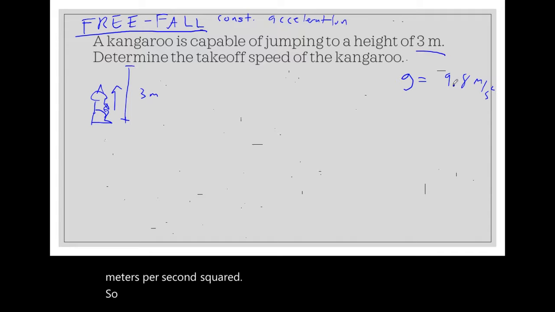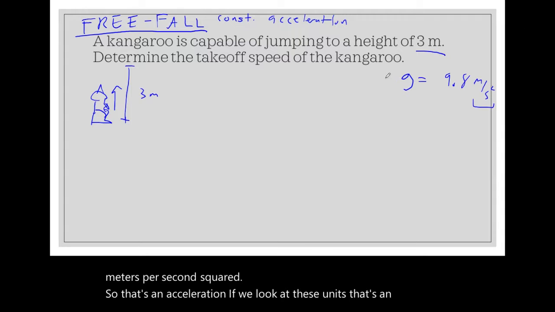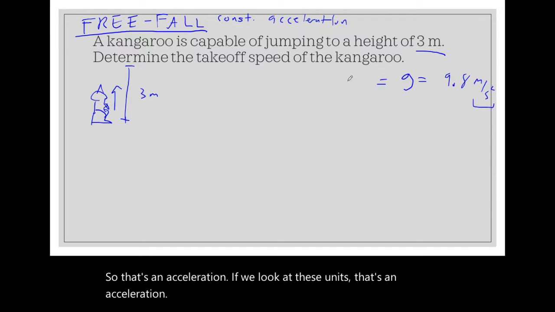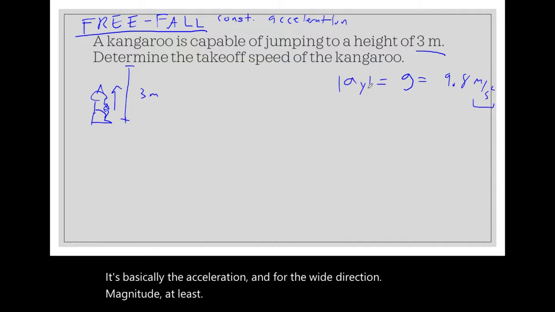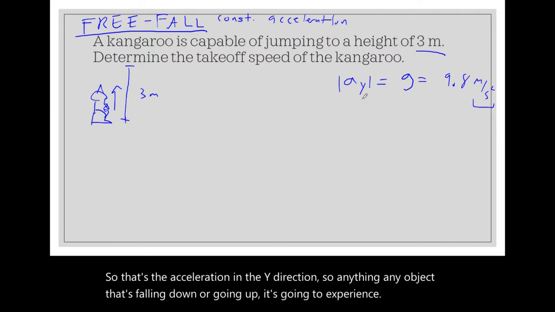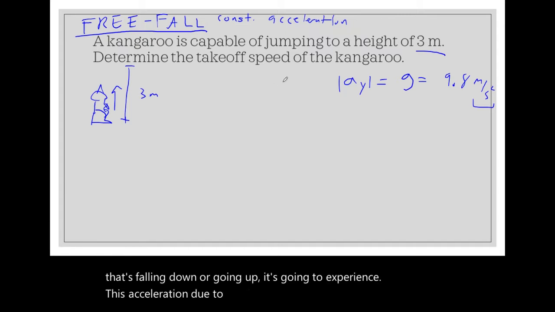If you look at these units, that's an acceleration. So that g is basically the acceleration for the y direction, its magnitude at least. Any object that's falling down or going up is going to experience this acceleration due to gravity.